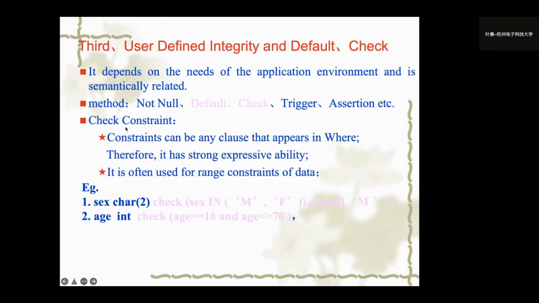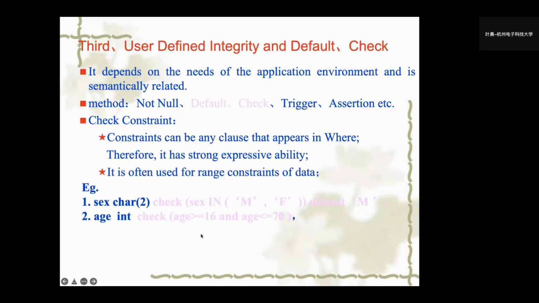First, for these check constraints, these constraints can be any clause that appears in where. So therefore, it has a very strong expressive ability, and it is also used for range constraints of data.